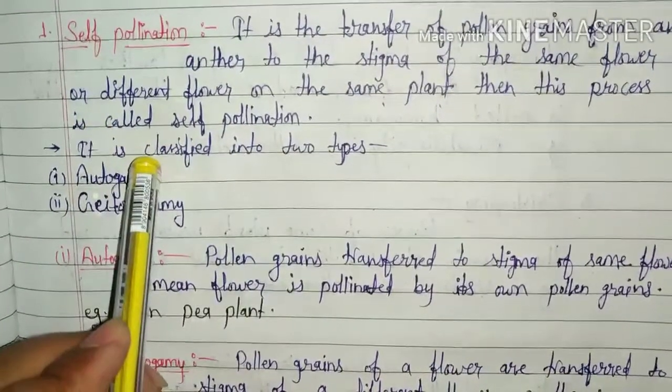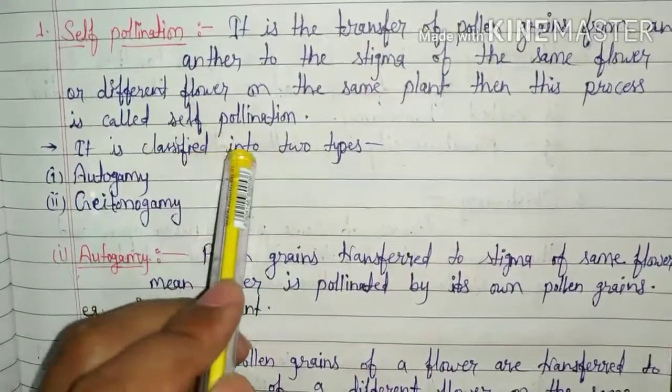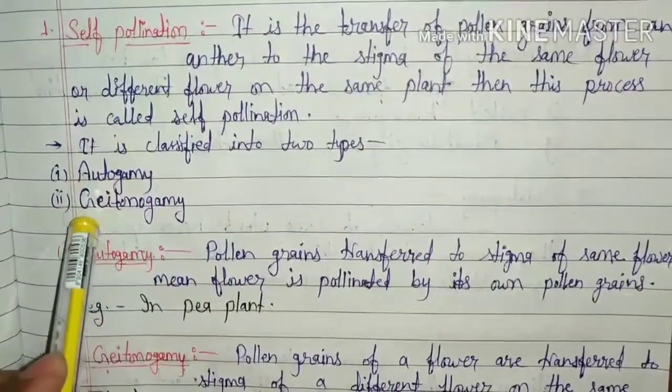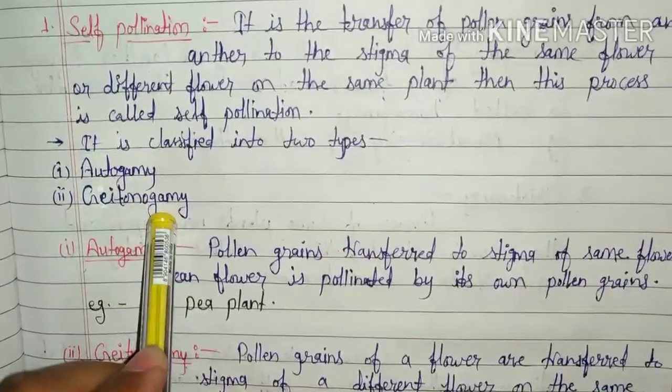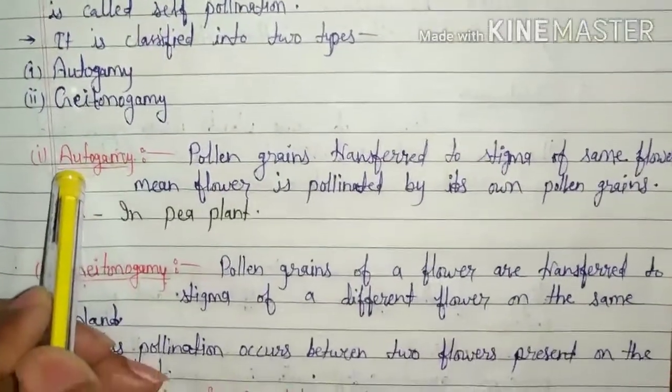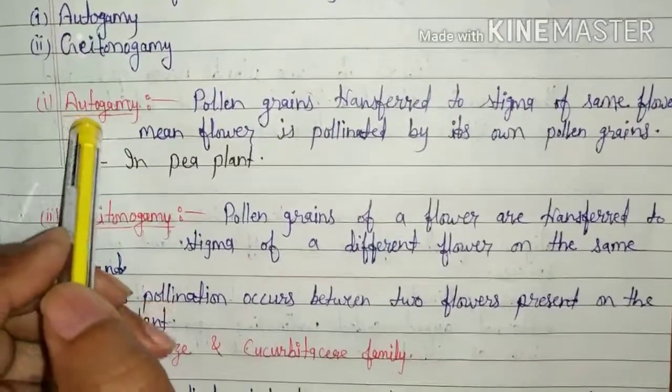Self-pollination is classified into two types, autogamy and geitonogamy. Now, the first type of self-pollination, autogamy.